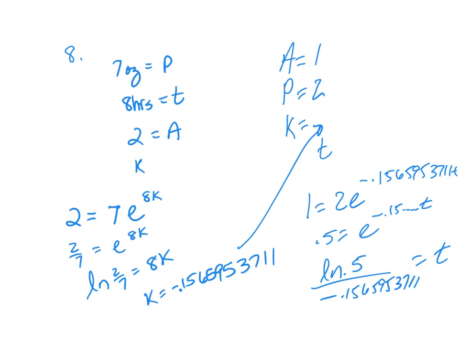I get that the half-life of this substance is 4.43, and that's in hours, which makes sense because it took 8 hours to go from 7 to 2, and we only needed to get to 3.5, right? So it makes sense that it takes a little less than 8 hours to get to a bigger amount.